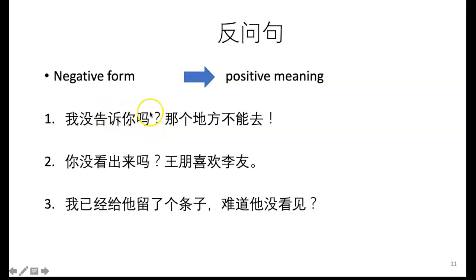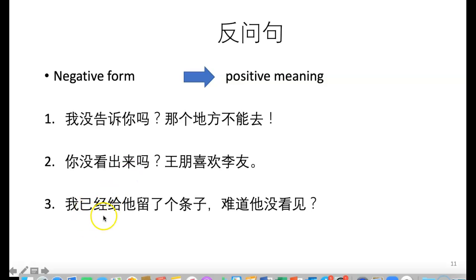I didn't tell you. But the real meaning is, I told you. 好，那么第二个，你没看出来吗？You didn't find out? But the real meaning is, you should definitely find out because it's so obvious.